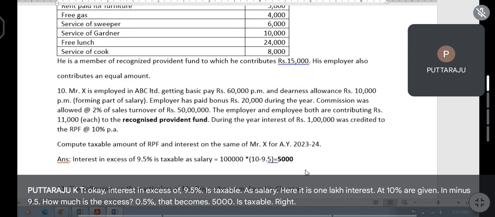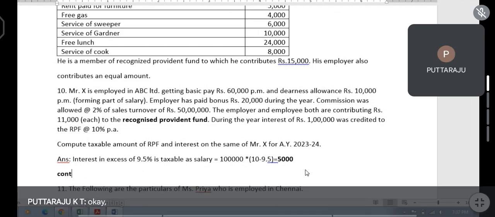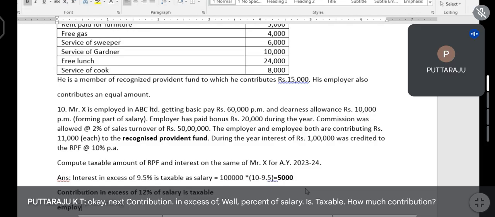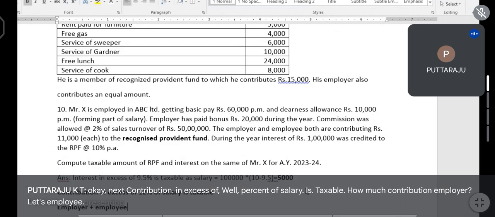Right? Yes, sir. Do you guys remember all these things? Okay, next, contribution in excess of 12% of salary is taxable. How much contribution? Employer plus employee is equal to 11,000 each they are given.